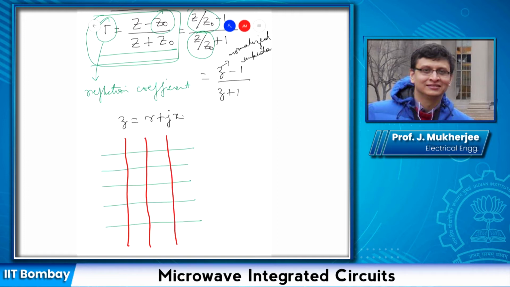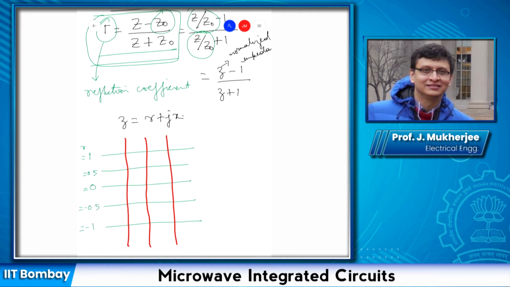Okay. Now say this horizontal line represents R equal to 1. This represents 0.5. This represents 0. This represents minus 0.5.